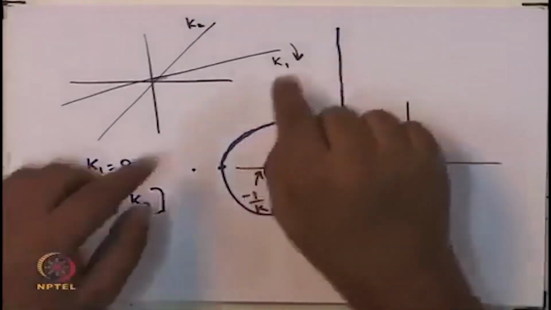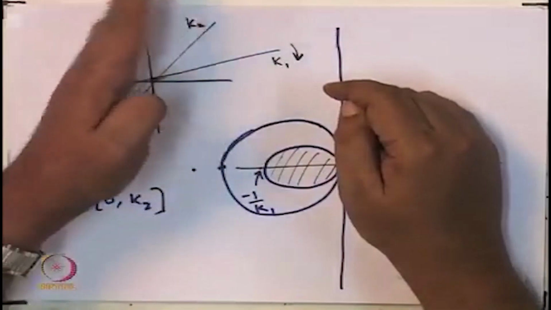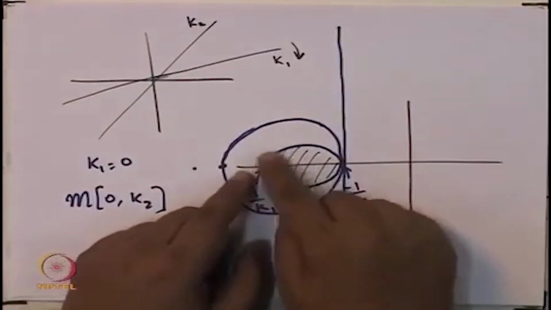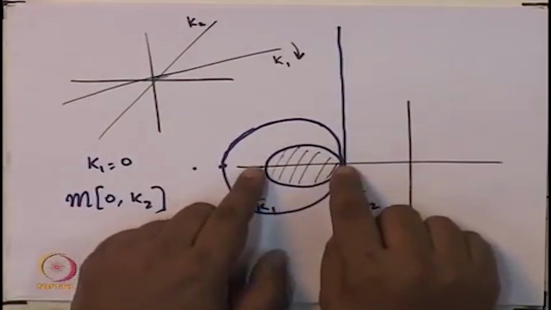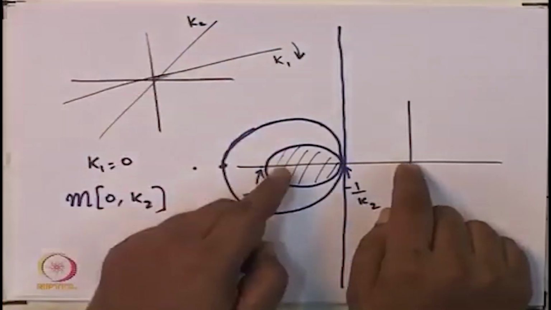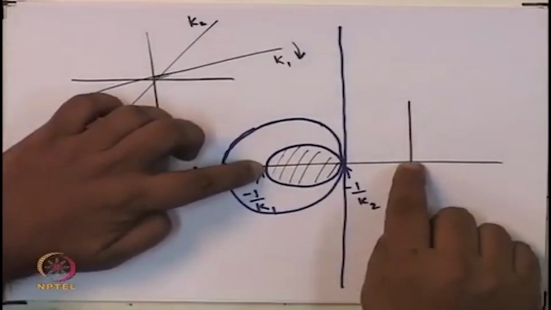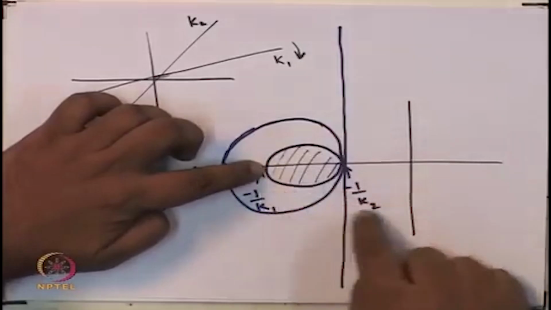Now, instead of pulling this k1 down, if you keep the k1 constant and you push k2 up, then this was the original circle. When you push k2 up, this gets extended until when you hit infinity, it becomes a circle with minus 1 by k1 here and 0 here. So, some circle like that.